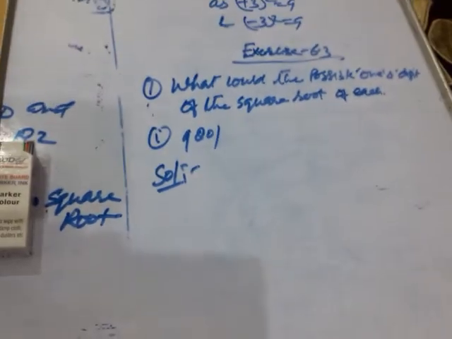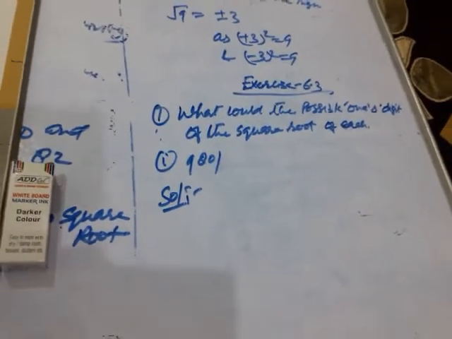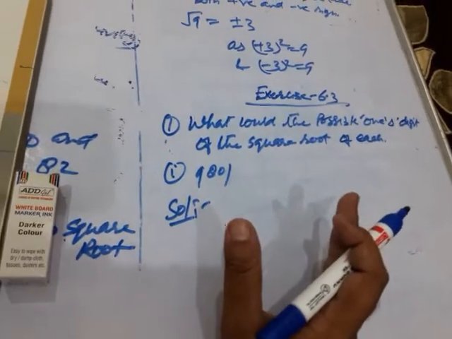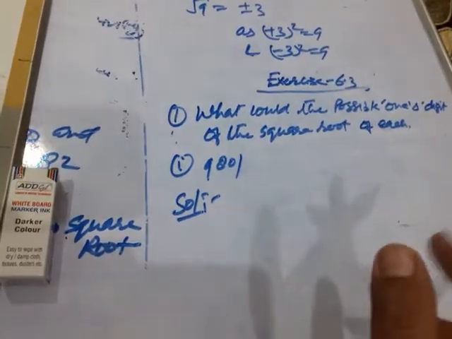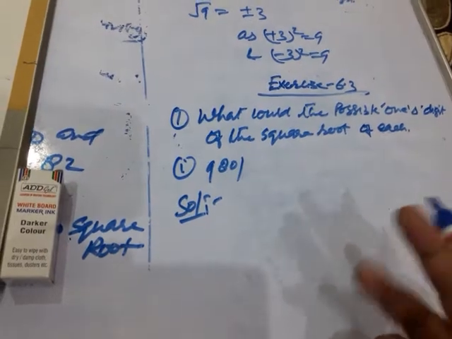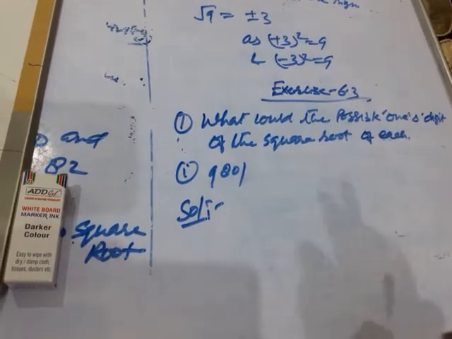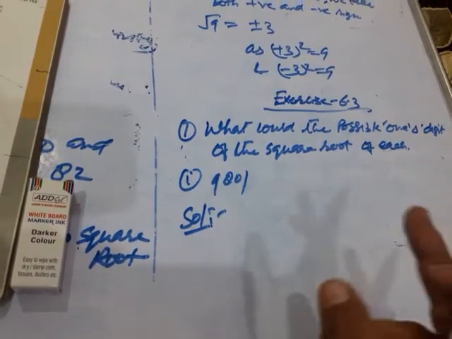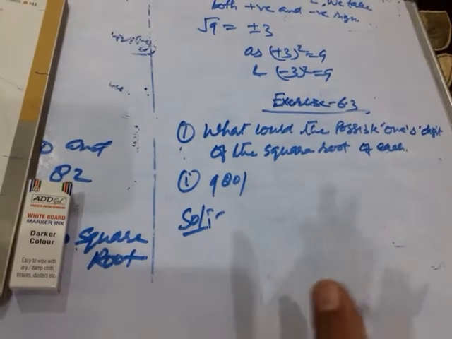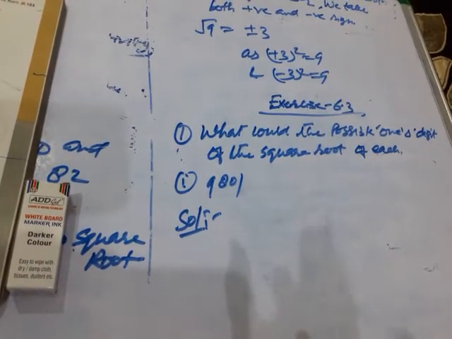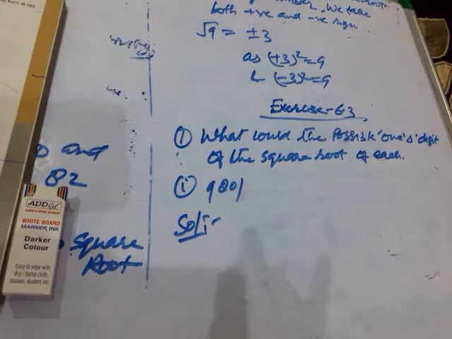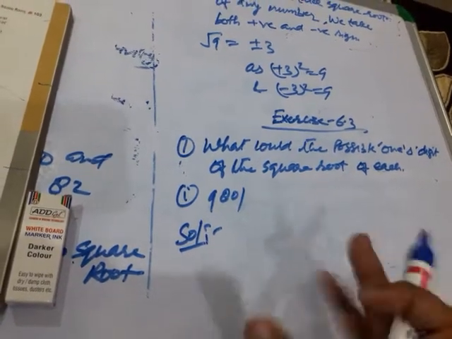Okay children, let us start. How to do this? You know that children, see the square of a number ending either with 1 or with 9 will have one in the one's place of its square.